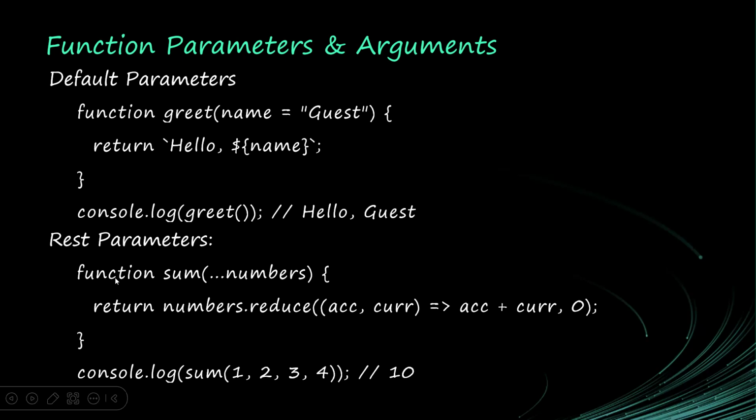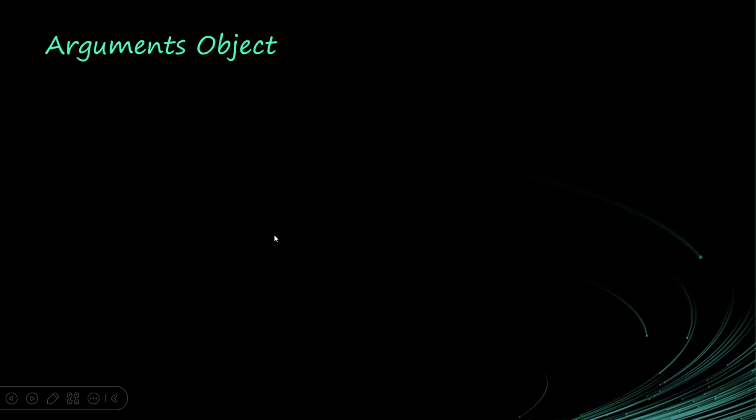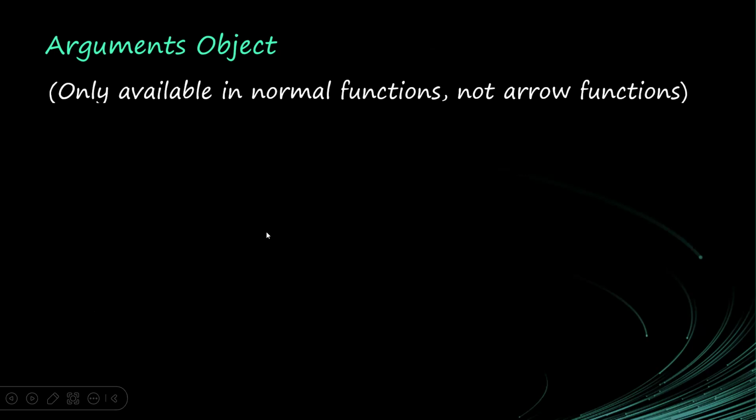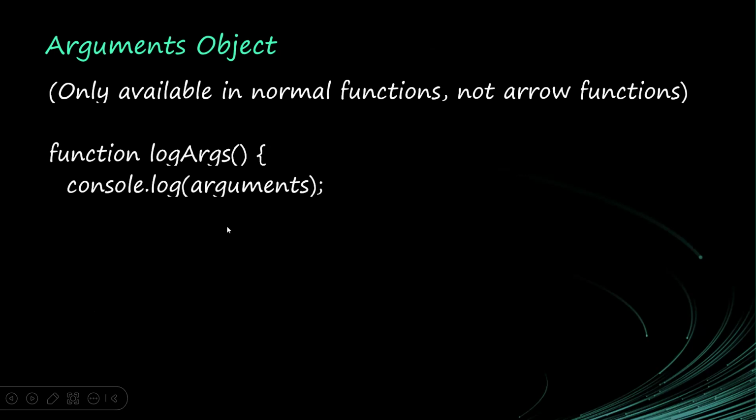All right. So we also have something we call the arguments object. It's only available in normal functions, not in arrow functions. If you want to get the arguments that the user has provided for you, you can use the arguments keyword like this, and JavaScript will give it to you. Let me just go and show you.